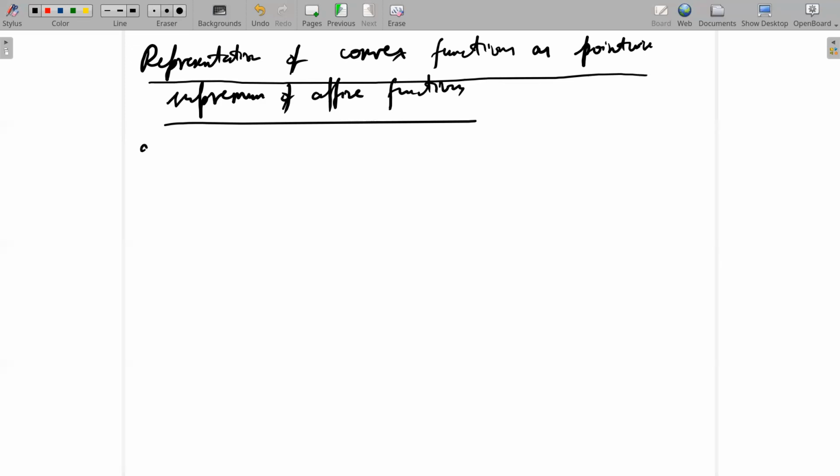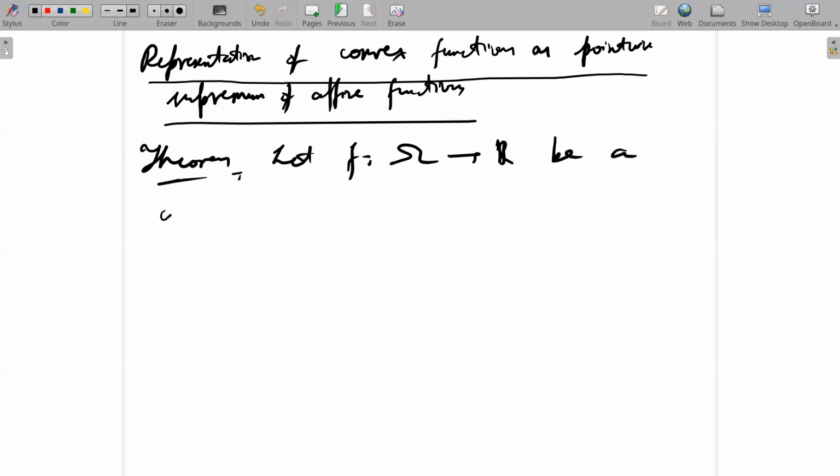So let me state this as a theorem. Let f from omega to R be a convex function with closed epigraph.